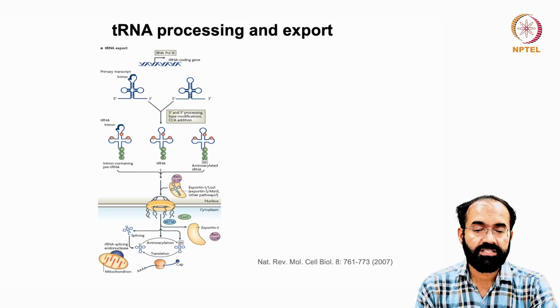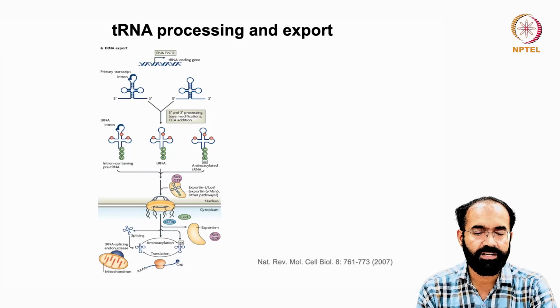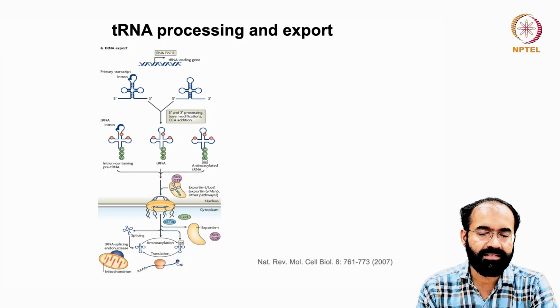So tRNA processing and export, like you can see in this picture, a tRNA normally is transcribed with RNA polymerase III, and it has to undergo the maturation process, the 5' and 3' processing and the CCA addition of the tail, everything has to happen.